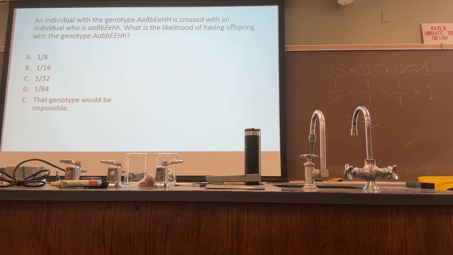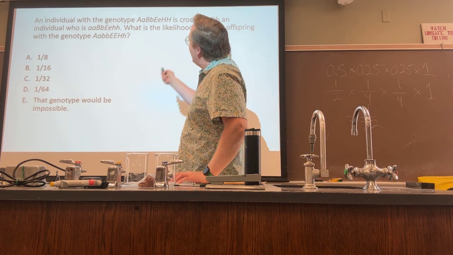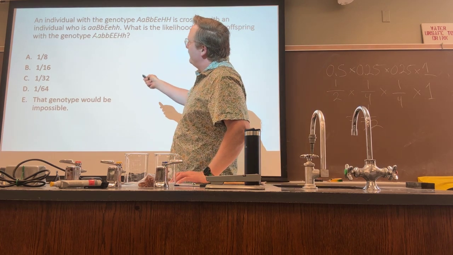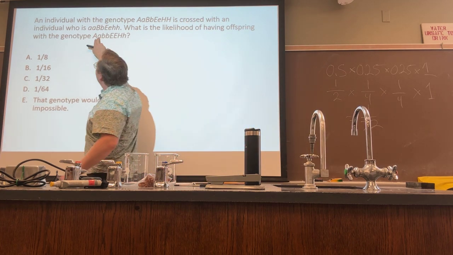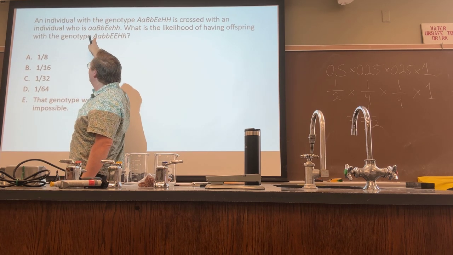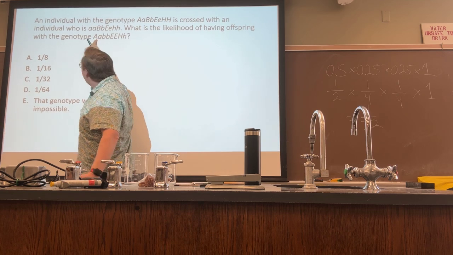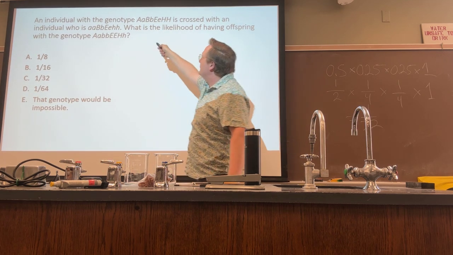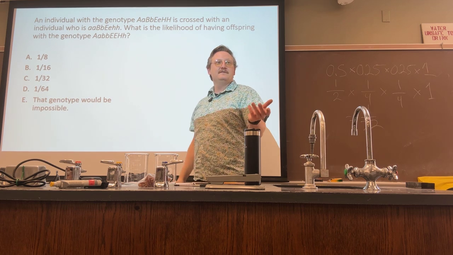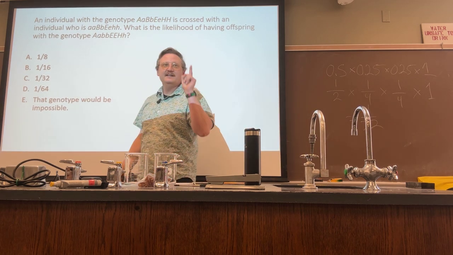That's corny, yeah. Could you go over the A's again? The A's? Absolutely. So what's the probability of receiving a dominant allele from one of the parents? Remember, these are two events, right? You need to know the probability of getting a dominant allele and the probability of getting a recessive allele. The probability of getting a dominant allele from this parent is 0.5. The probability of getting a recessive allele from this parent is 1.